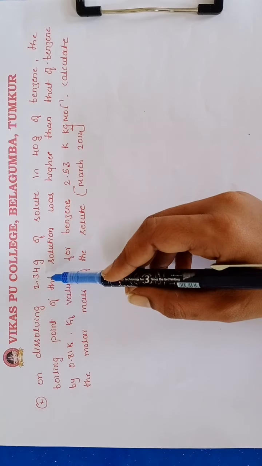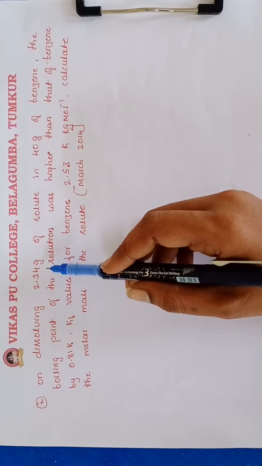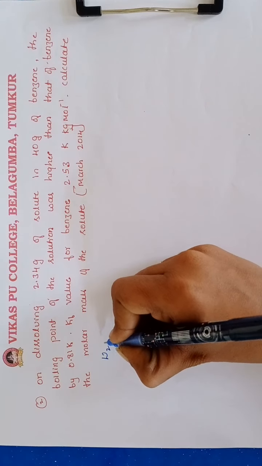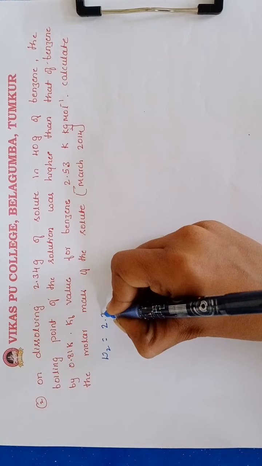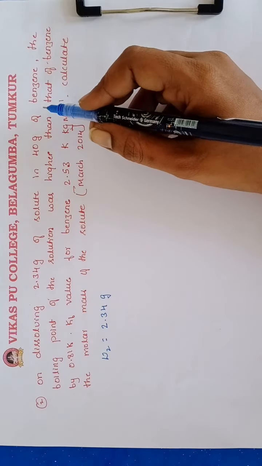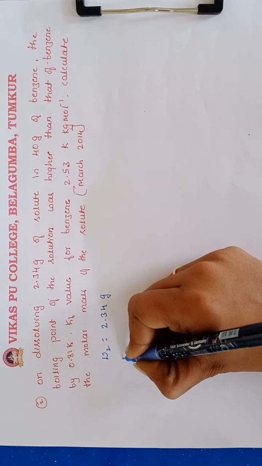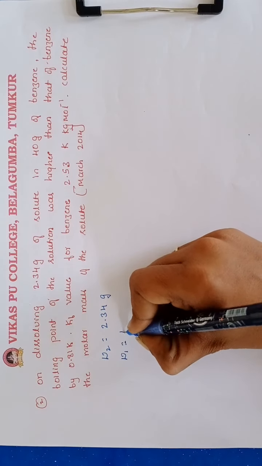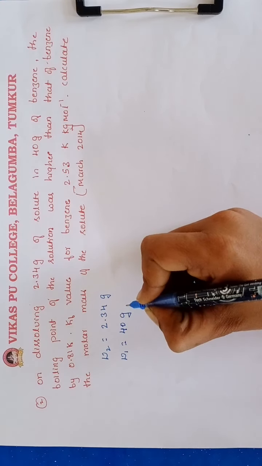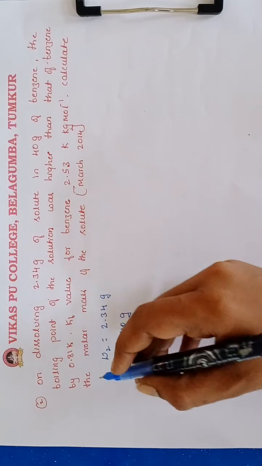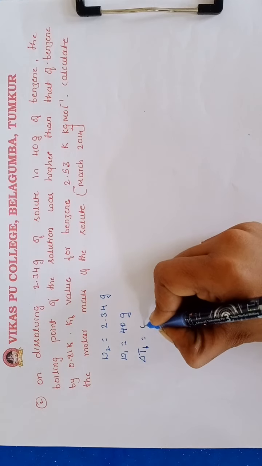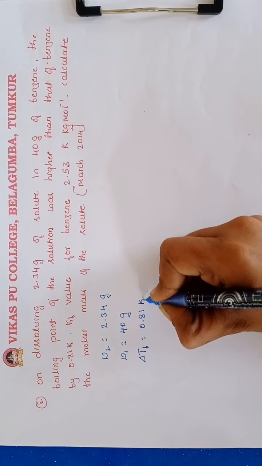Here, on dissolving solute, this is the mass of the solute that we write on the side. W2 is equal to 2.34 gram. Then the 40 gram of benzene is the weight of the solvent, W1 is equal to 40 gram. Then the increase in the boiling point, delta Tb, is 0.81 Kelvin.